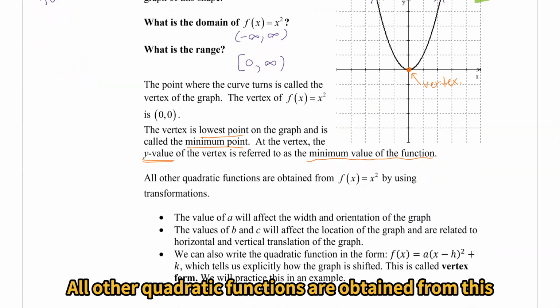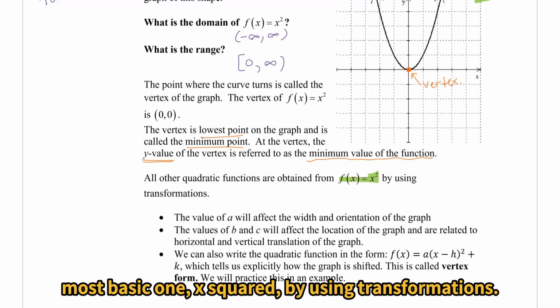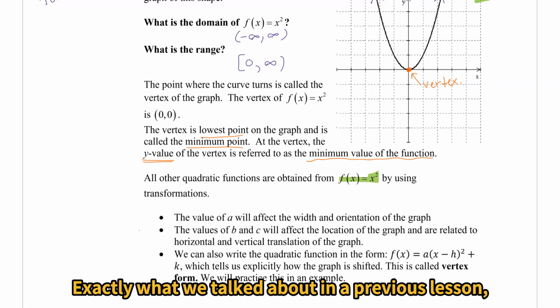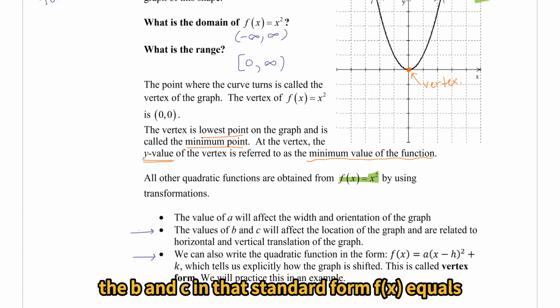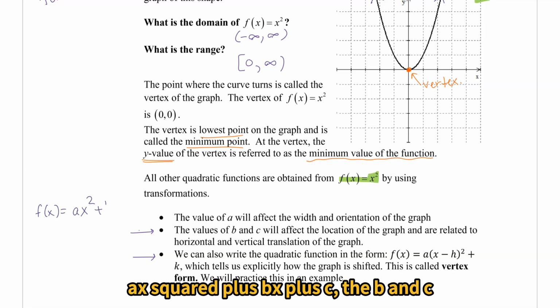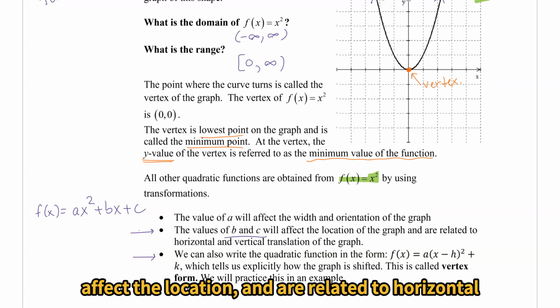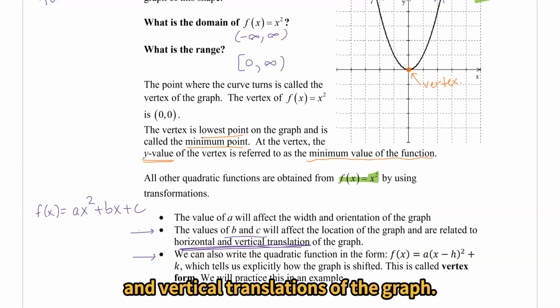All other quadratic functions are obtained from this most basic one, x squared, by using transformations. Exactly what we talked about in a previous lesson. The b and c in that standard form, f of x equals ax squared plus bx plus c, affect the location and are related to horizontal and vertical translations of the graph.